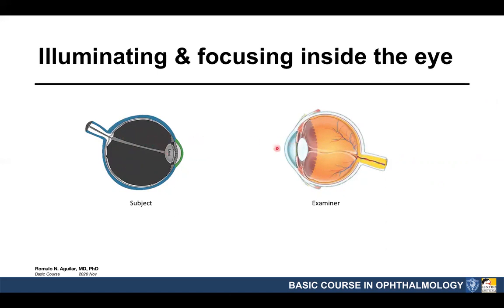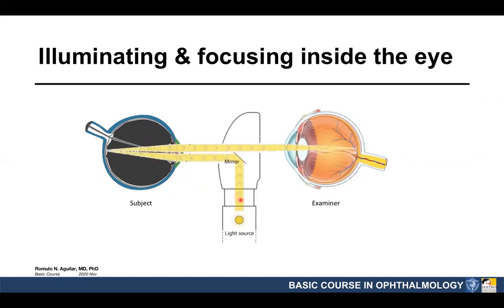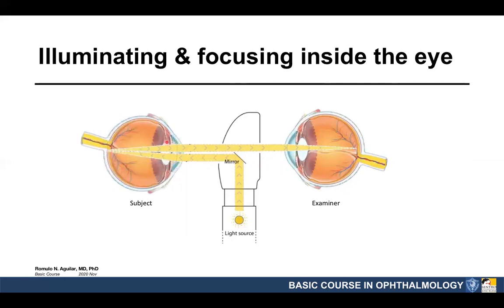So whether the eyes are close to each other, it is nearly impossible to see the contents of the eye. So what we need to do is illuminate. So there should be an instrument that would deliver light inside the eye and therefore illuminate the contents. Then we have a greater chance of being able to see the contents of the eye.